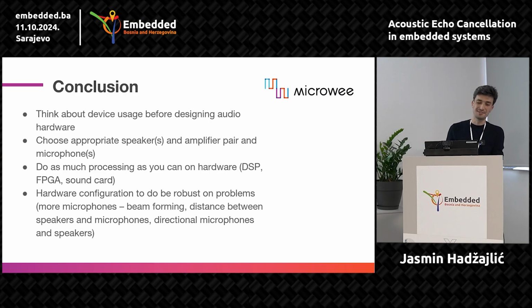Also, as Microsoft suggested, use headphones or increase the distance between speakers and microphones to make echo lower. There are also directional microphones and speakers. And I also want to mention that this room has acoustic panels which absorb some sounds, so you get even better results with that.